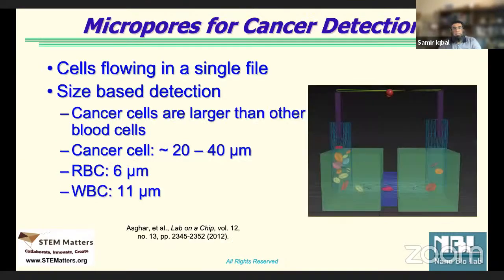So there's a lot of work that has been done where we have discriminated cancer cells from normal cells, one type of cancer cell from another type, and metastatic cells from non-metastatic cells from the same tissue.